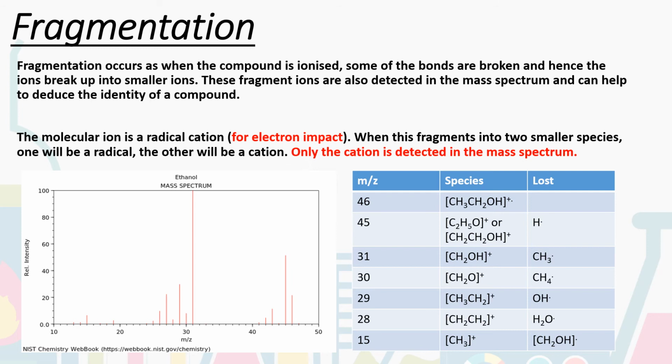Sometimes it's useful to draw out a table like this and write down what the m/z value is, what the species that we detect is, the positively charged cation, remember, and what the species we've lost is, the radical. So for 46, the molecular ion, the species will be the actual compound having lost an electron, being ionized. So that's our ethanol, CH3CH2OH.